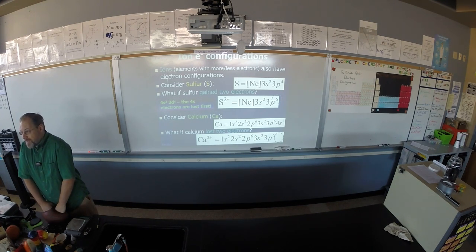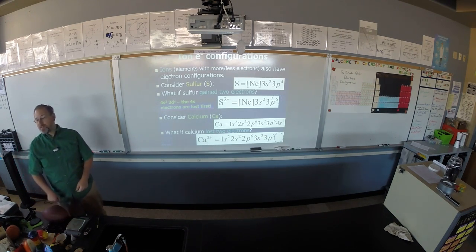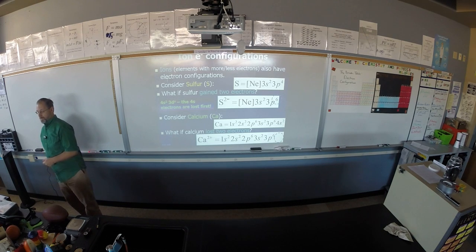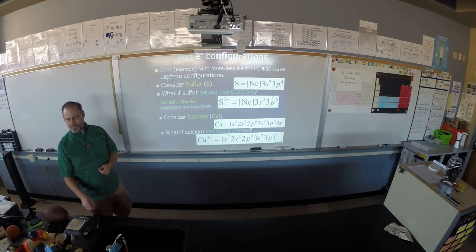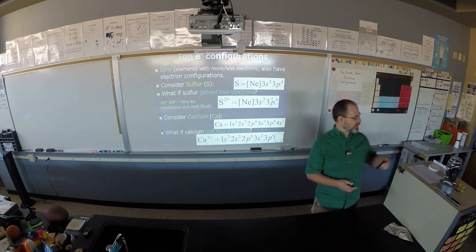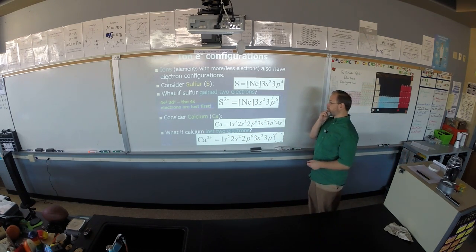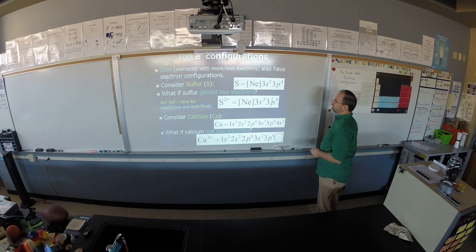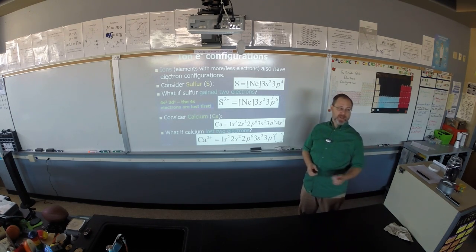An octet is 8 electrons in the highest level. And that's, if you're an atom, your goal. You will give, take, and share electrons till you complete your octet. And it's always in the highest level.